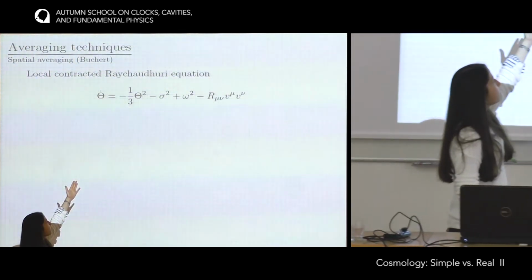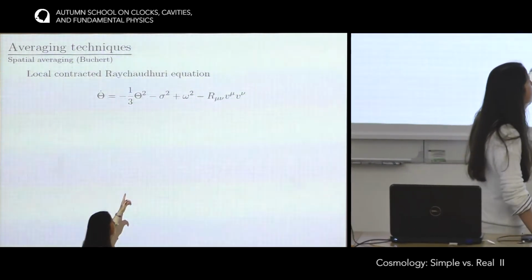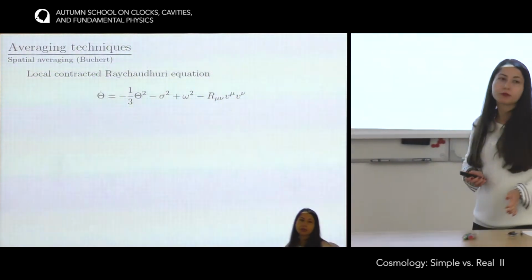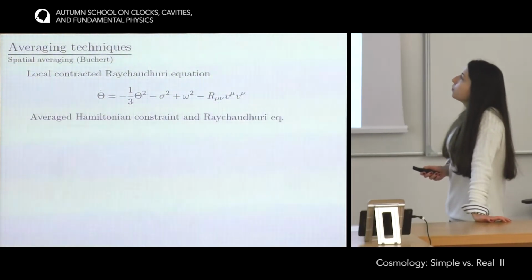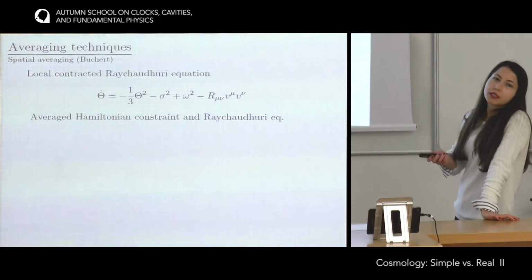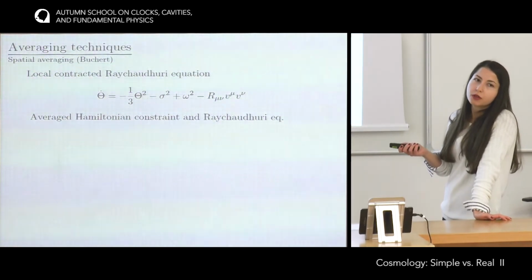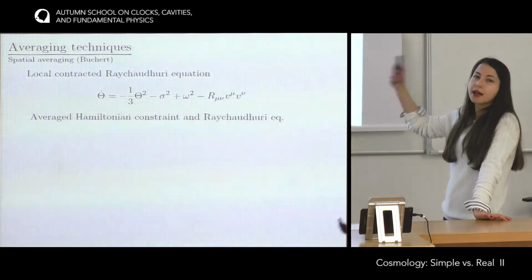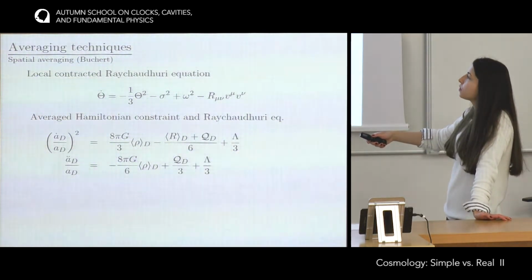Theta is the expansion scalar, as I said. Sigma is the shear. Omega is the vorticity, and you have the term coming from the curvature. And when you consider the Hamiltonian constraint, which is basically the time-time component of your Einstein field equations, together with this Raychaudhuri equation, and average them, you get such equations.